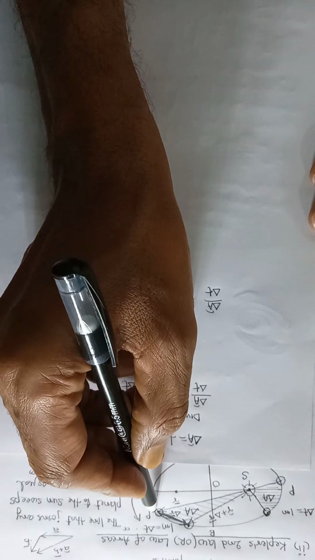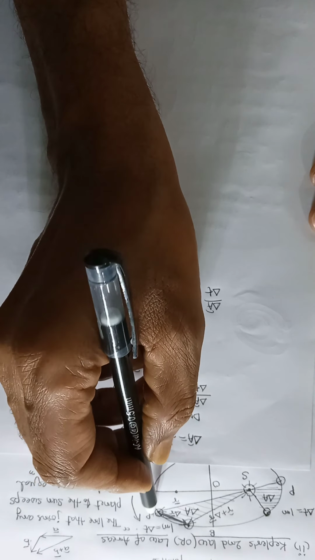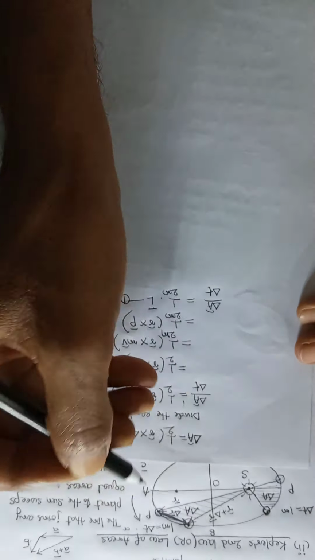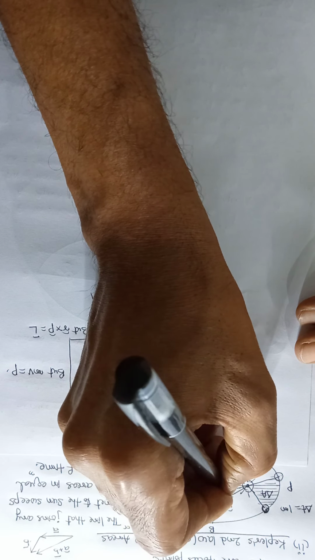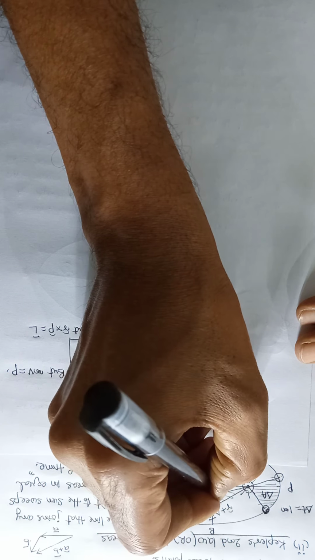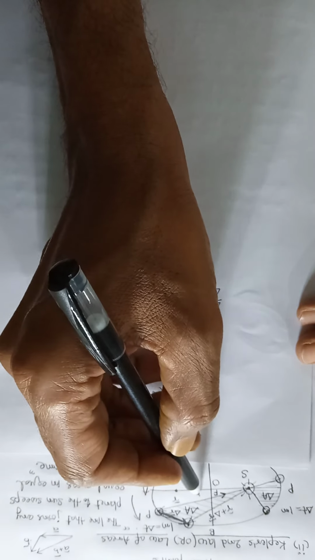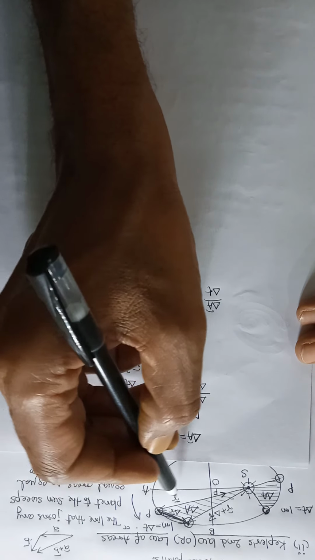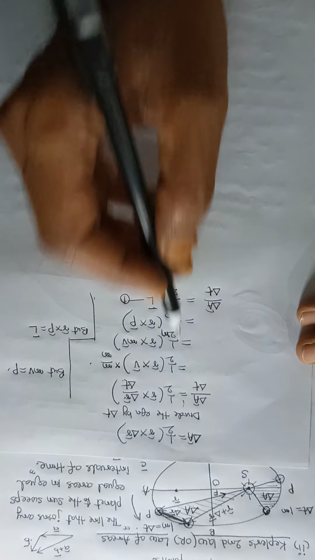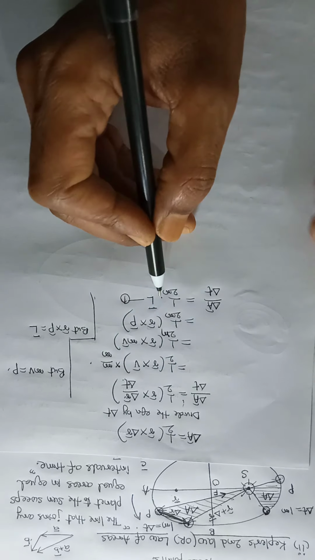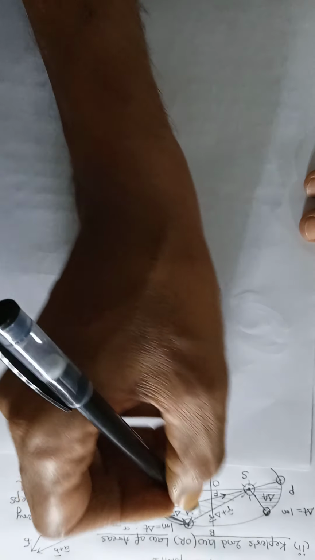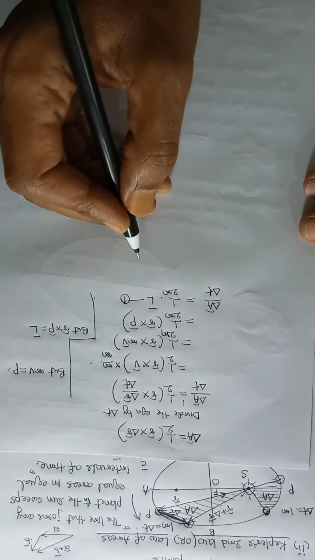The force working on the planet by the Sun is F, and R is the position vector. The force vector and position vector are oppositely directed. Therefore, the angle between F and R is 180 degrees.